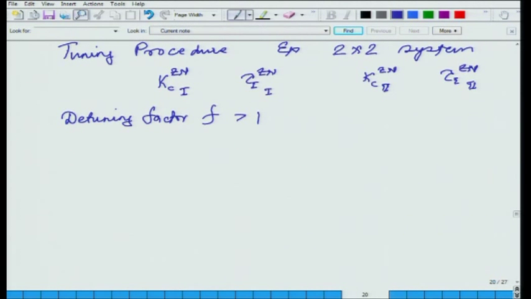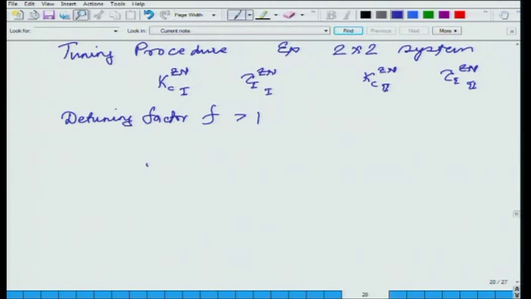So, what you then do is adjust F. What you then do is detune Kc, the controller gain.